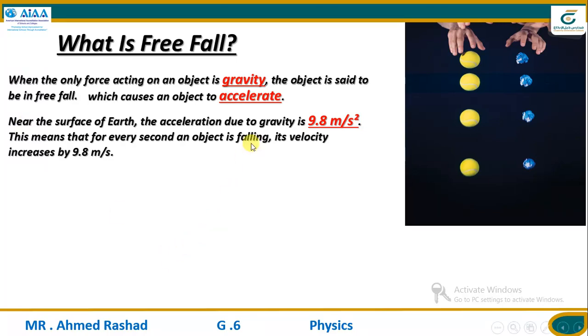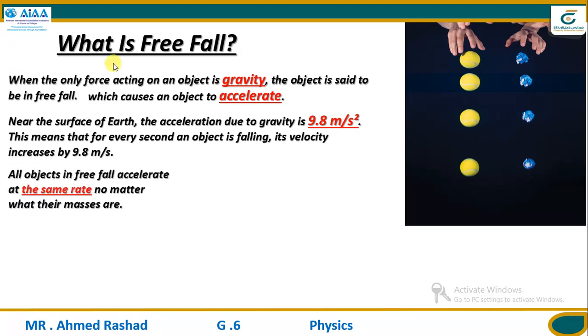Near the Earth's surface, this important number describes the acceleration due to gravity, meaning the rise in velocity of an object falling due to gravity, and that's constant on Earth: 9.8 meters per second squared. That means every second the object increases its velocity by 9.8 meters per second. Excellent. I hope you understand this.